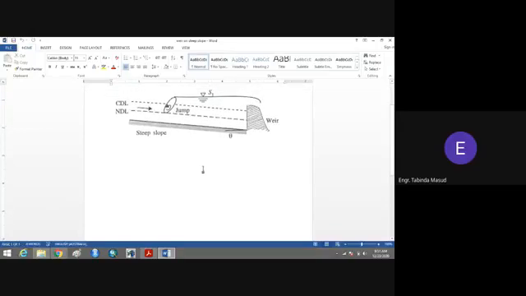Remember, whenever we talk about the subcritical flow, it is always on a mild slope, and whenever we talk about the supercritical flow, it is on the steep slope. In the first case, we discussed what will happen when a hump is installed on a mild slope, and now we are going to discuss what will happen if the hump is installed on the steep slope.